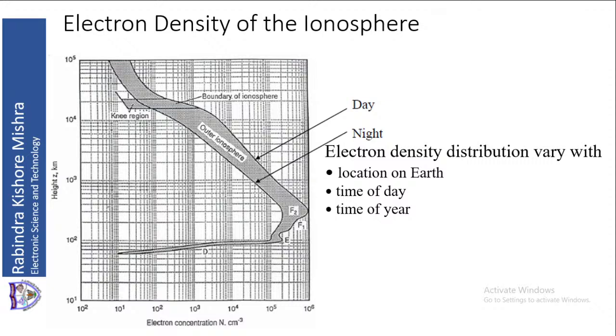Then what is the time of the year that we are measuring? In the winter season, it will be minimum because it is cold. In the summer season, it is hot, so it will be maximum. So the density will be maximum in the summer season, minimum in the winter season. Then the sunspot activities. Sunspot activities means there are some defects that occur on the sun on a regular basis.